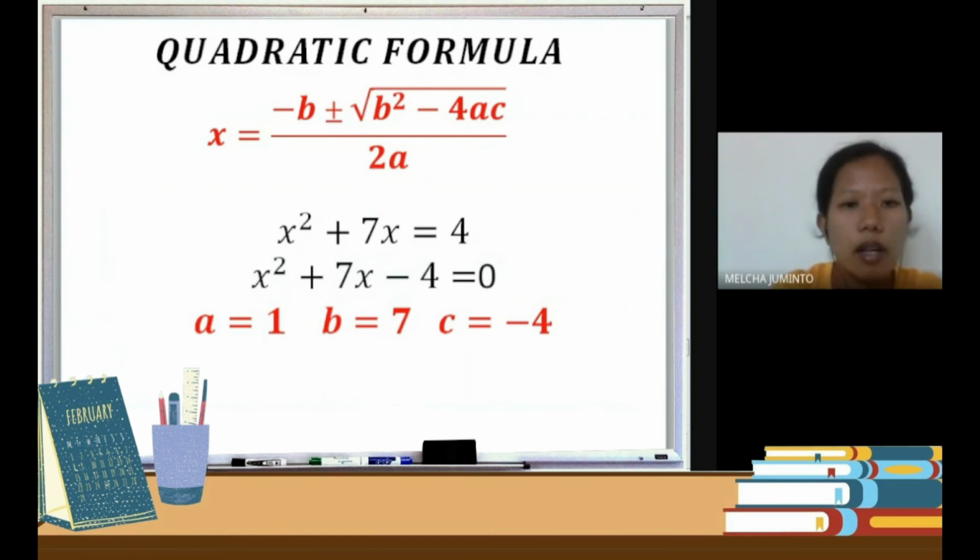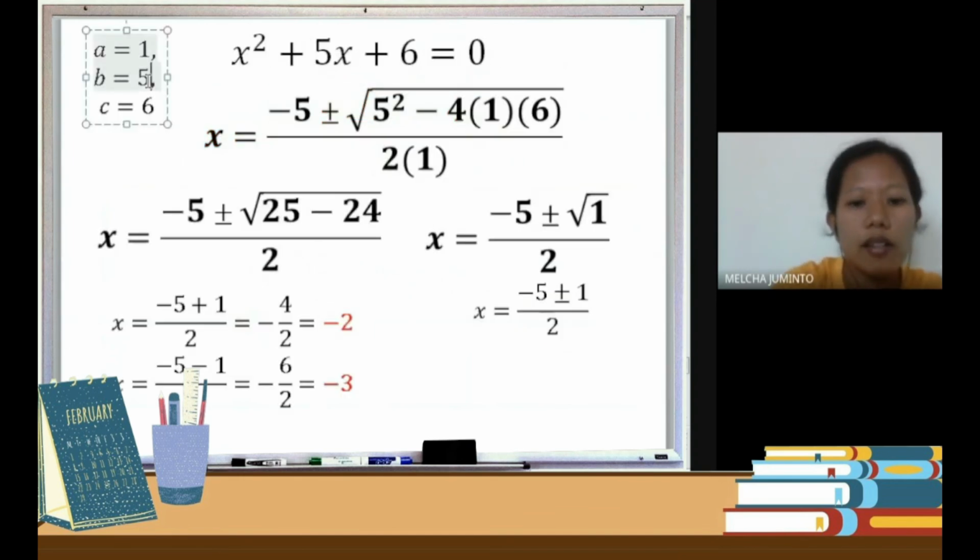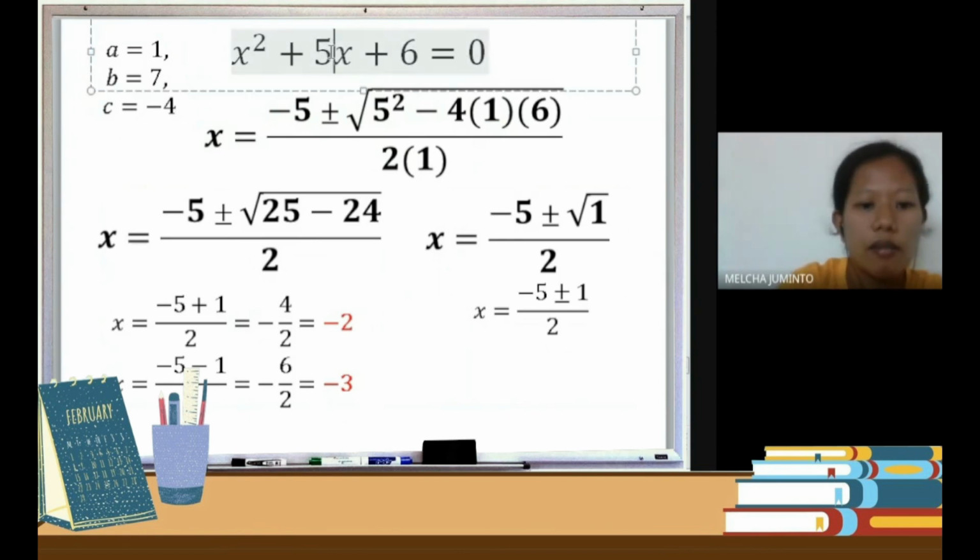Since we know the values of A, B, and C, we can now replace them in the formula. We can now use these values 1, 7, and negative 4 in the formula. We will be using a template para madali tayo.